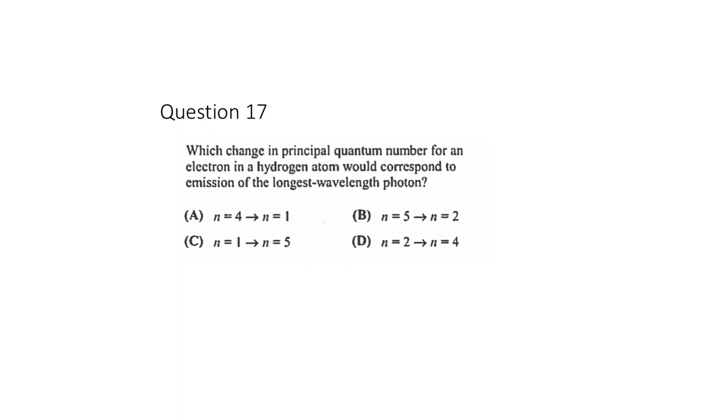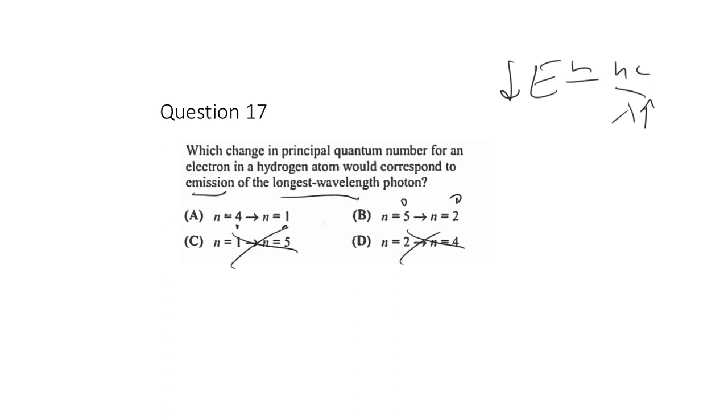And then in 17, well, actually, there's two more questions. In 17, which change in principal quantum number for an electron in the H atom represents an emission with the longest wavelength photon? So E is equal to hc divided by lambda. The longer the wavelength, the lower the energy. And so the lower energy emission comes from high to low, not low to high.